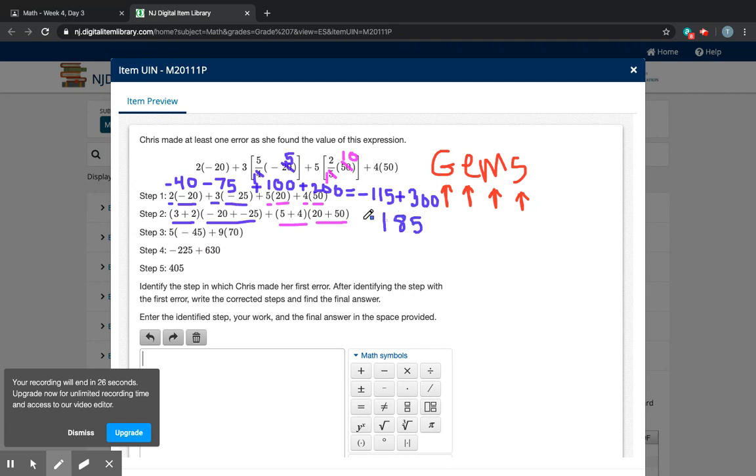So go back and I want you to then do step 2 and see if you get 185. If you do, then step 2 is correct and you can continue on. If it's not, that means that the error is in step 2.